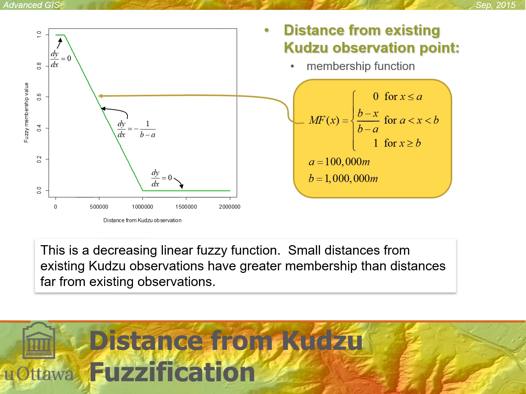So in this case, we have to come up with our critical values, A and B. And that's based on distance. And we're looking at a continental distance scale here, where this is in meters. So that's 0 meters, that's 500 kilometers, 1,000 kilometers, 1,500 kilometers, 2,000 kilometers.